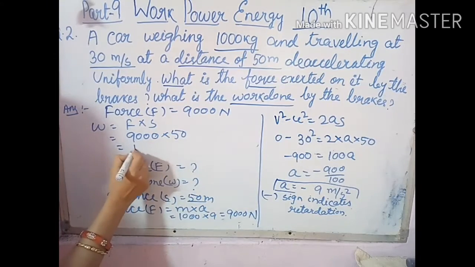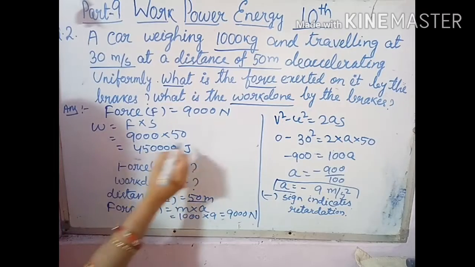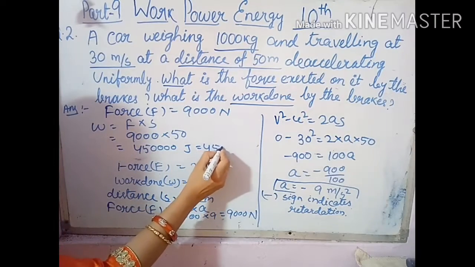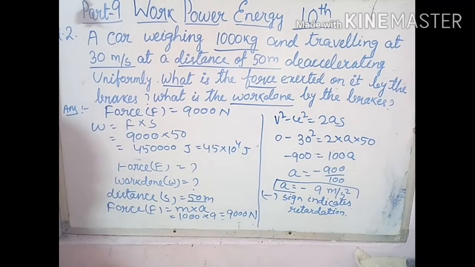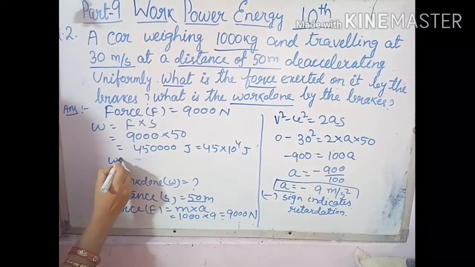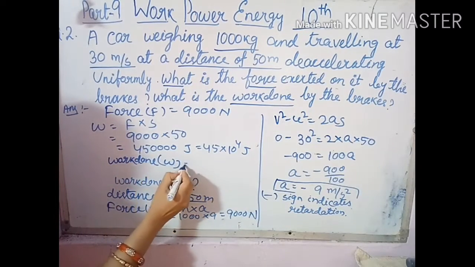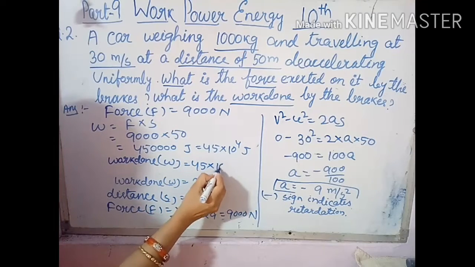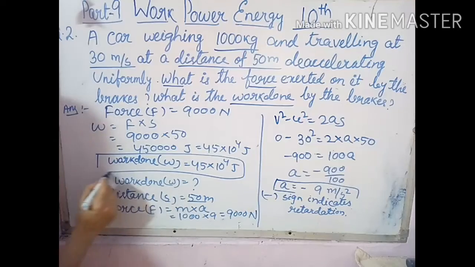So you get 45 followed by four zeros, it is joule, or you can write 45 into 10 to the power 4 joule. So this is your final answer: the work done W equal to 45 into 10 to the power 4 joule. You have to write like this.